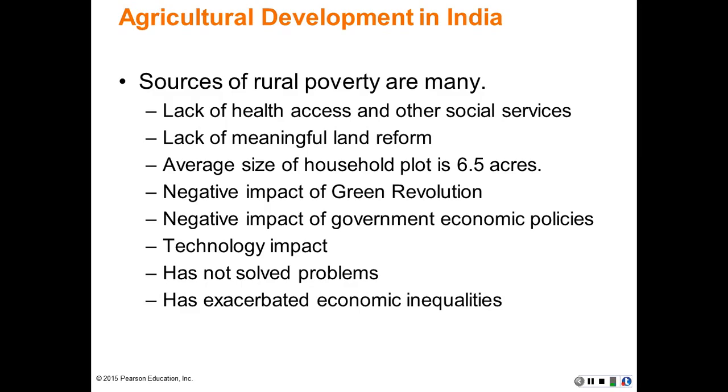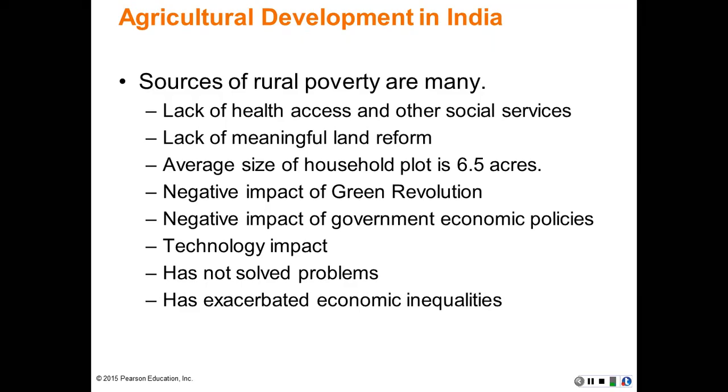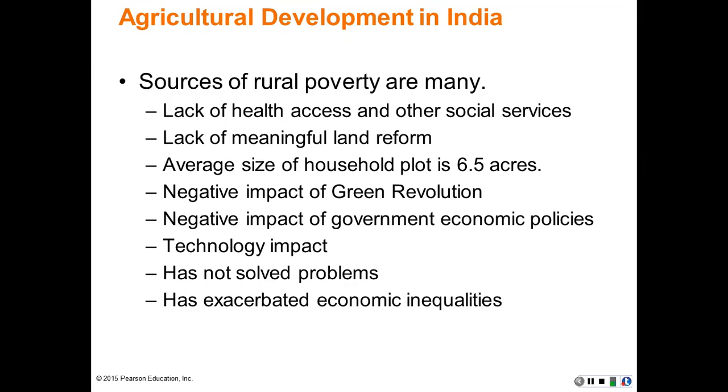Agricultural development in India. Sources of rural poverty are many. There is a lack of health access and other public services. There are very low levels of education in the rural areas of India. There's lack of meaningful land reform, as the average size of household plots is only 6.5 acres, not enough for even subsistence farming, and definitely not for commercial farming.